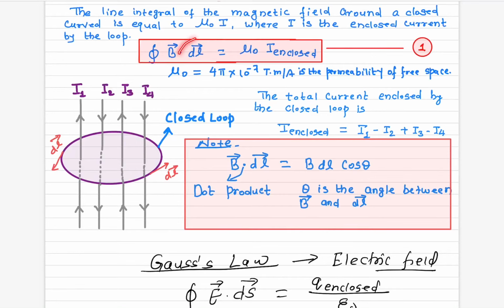Remember, this is a dot product, and the dot product is defined this way: B vector dot dl is equal to B times dl times cosine theta, where theta is the angle between the B vector and the elemental length dl.